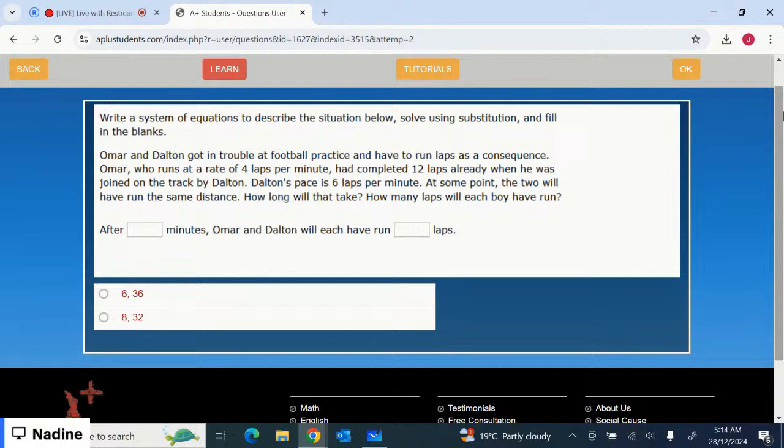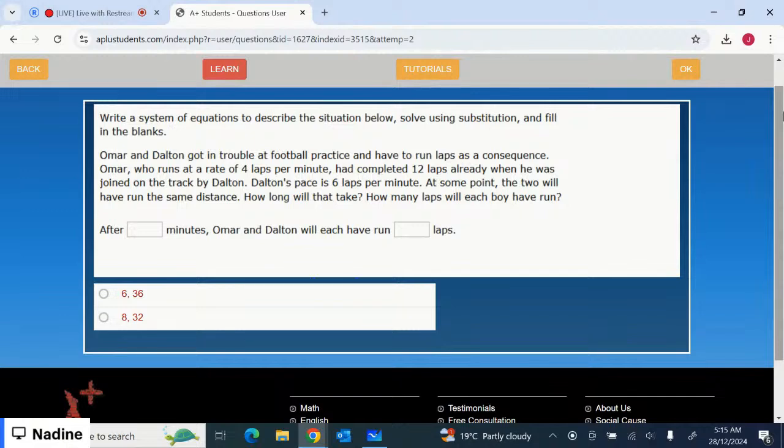Umar runs at a rate of 4 laps per minute and had completed 12 laps already when he was joined on the track by Dalton. Dalton's pace is 6 laps per minute. At some point, the two will have run the same distance. How long will that take? How many laps will each boy have run?